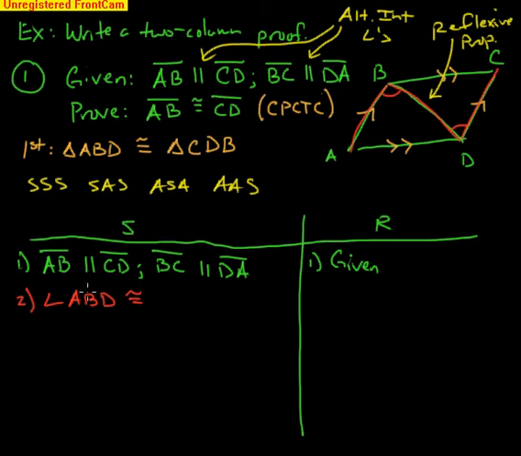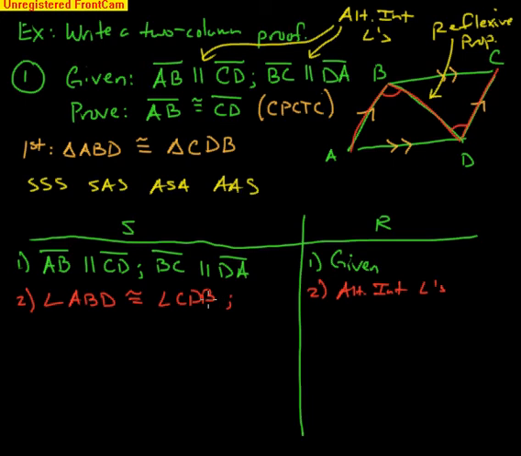Okay, so now angle ABD is going to be congruent. Use the correspondence. ABD is congruent to angle CDB. CDB. There it is. Alternate interior angles theorem, or the fact that they're alternate interior angles.